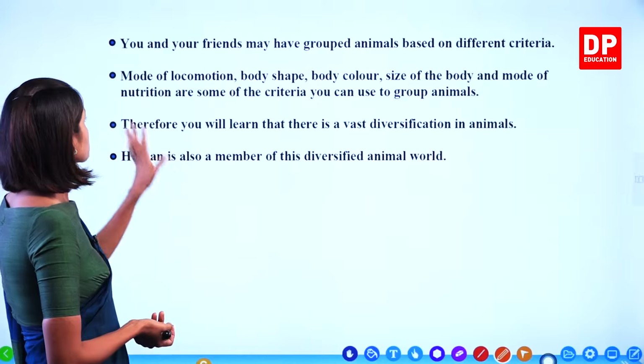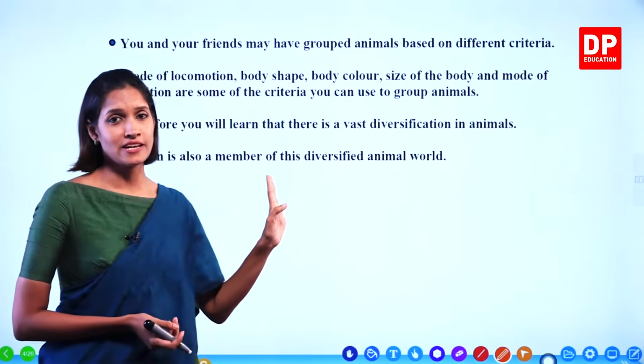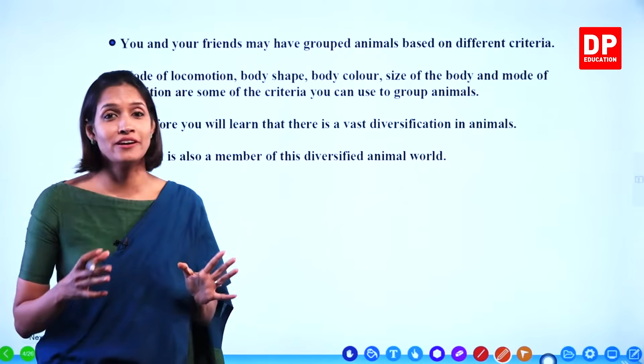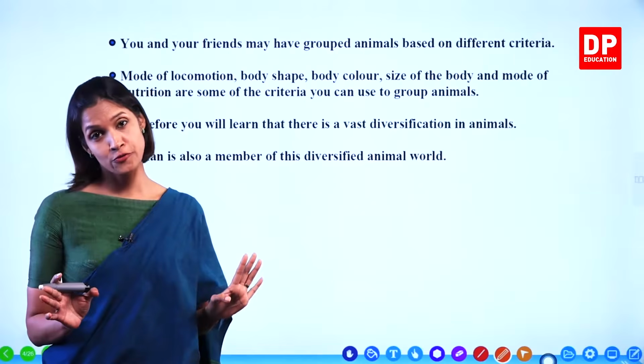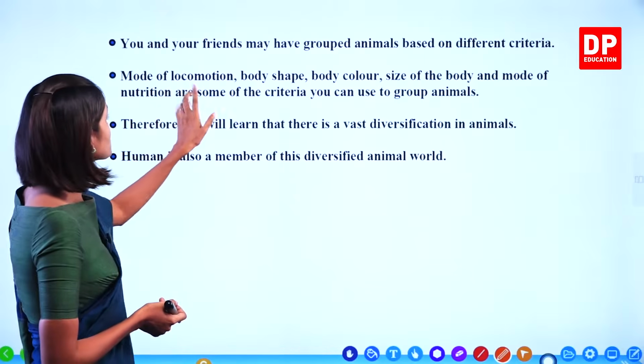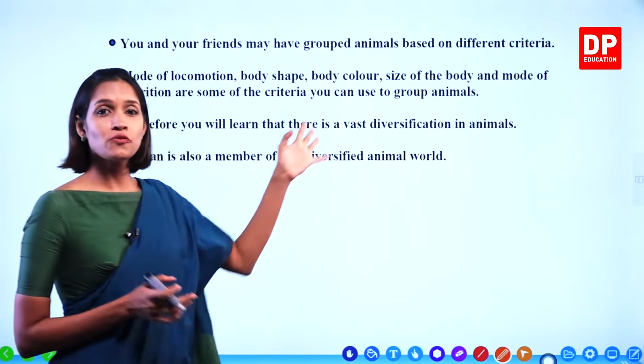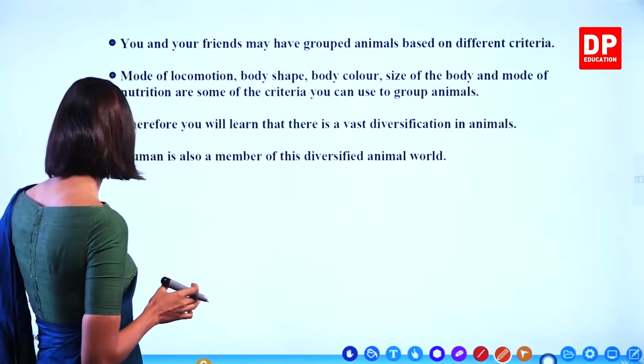Right. So you and your friends may have grouped animals based on different criteria. So you can do it in one way, your friend can do it in a different way, as I explained before, right? So mode of locomotion, body shape, body color, size of the body. So when it comes to the size of the body, look at this one.